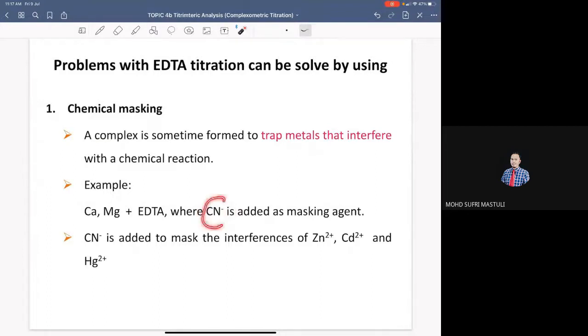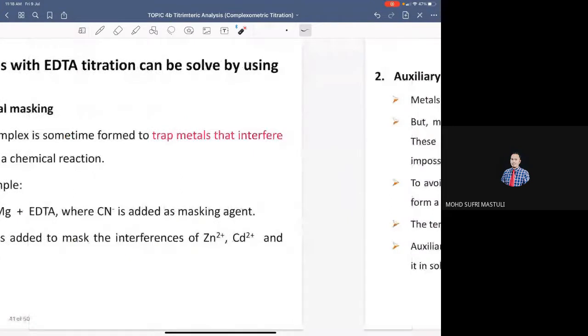So the CN- will mask the interference, to make the result more accurate. The CN, which is cyanide, will act as the masking agent. It masks the interference of ions such as zinc, cadmium, or mercury. I hope you still remember that in the previous video we talked about chemical masking to eliminate interference.